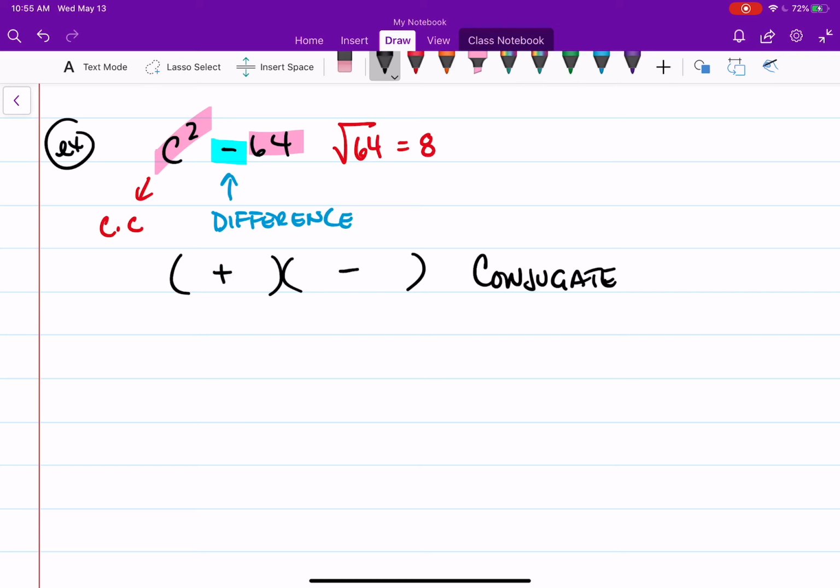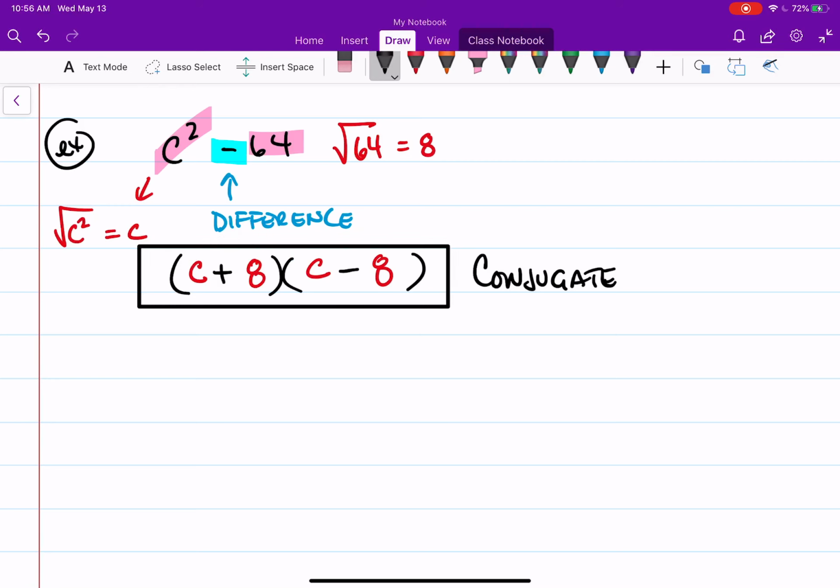So what do I put in here? I said c times c gives me the c squared, or the square root of c squared is c, right? So there's my c. And the 8 just goes in here. Plus minus.